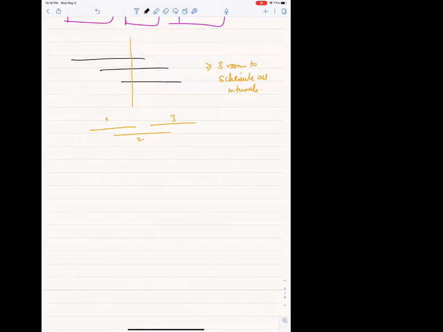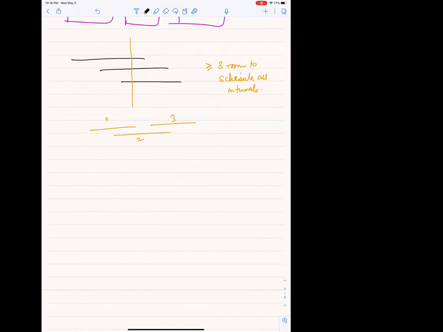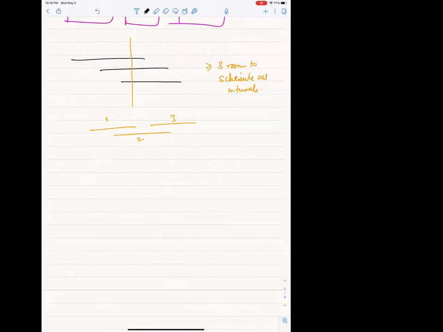Yes, sir. I think this is a more refined algorithm. We choose the interval with the earliest start time. Then after that, we choose the next interval with the earliest start time which does not overlap with it, and so on until we reach the final interval.